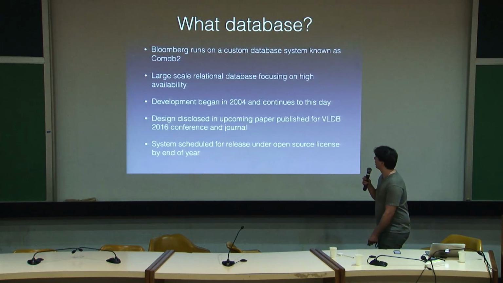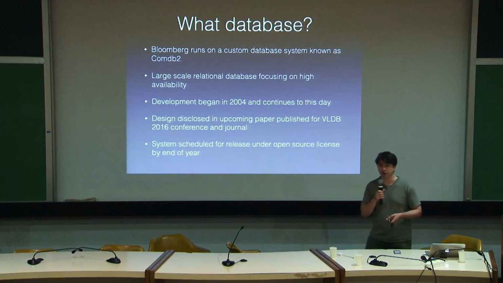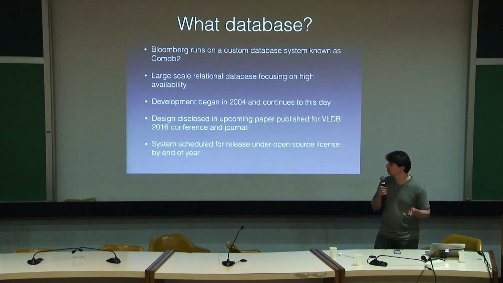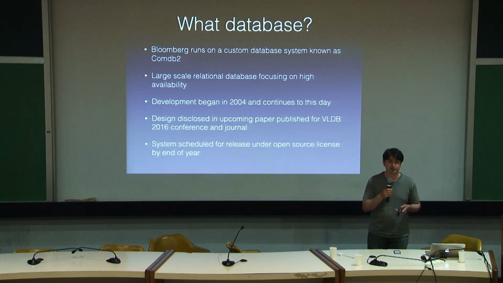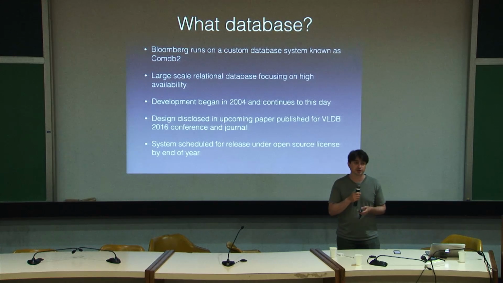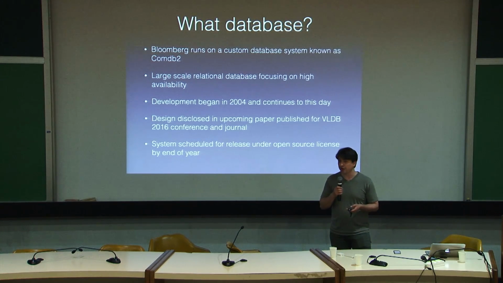Okay, so the database we're talking about here is unknown to anyone at this point. This is a custom-built system inside of Bloomberg. It's called Comdb2. If you squint, it looks like every other database. I like to say they all look the same if you squint. It's a relational database system. It uses SQL. It was designed from the ground up to be very highly available, so that's the reason it exists.